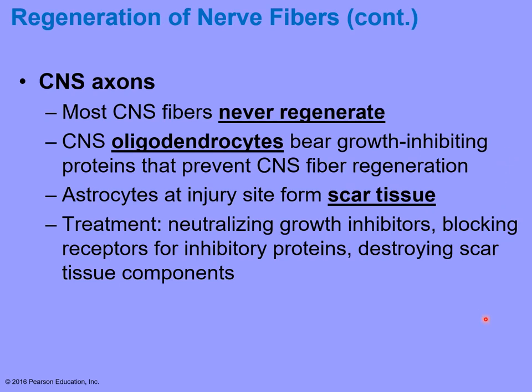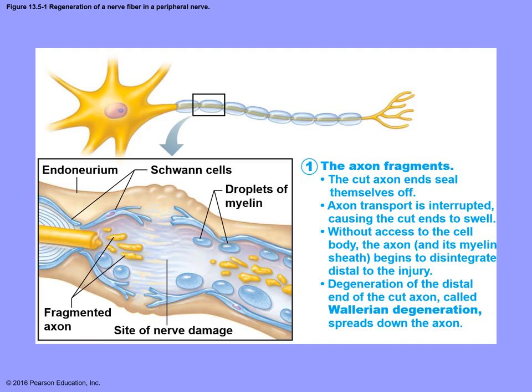Basically, when somebody has neural damage of the CNS, can we find ways to prevent the formation of scar tissue and somehow stimulate those nerves to regenerate, so that it can help with recovery? They're working on it. We're not there, but we're working on it.